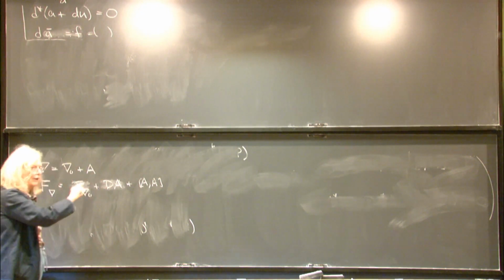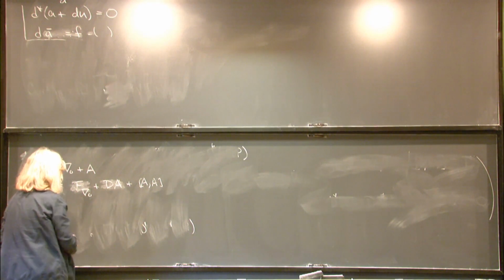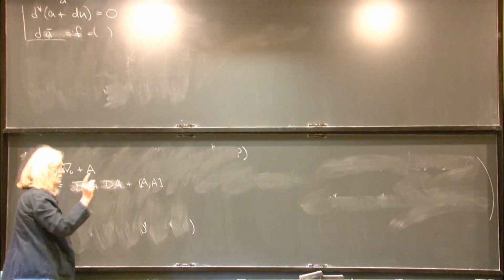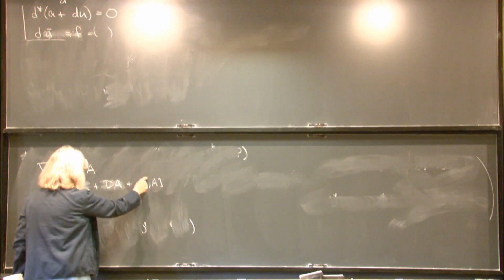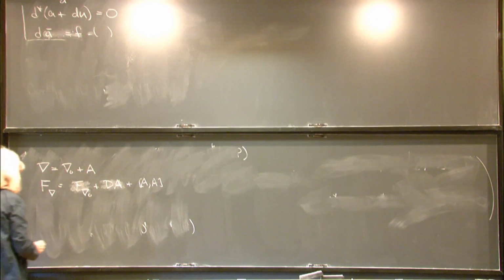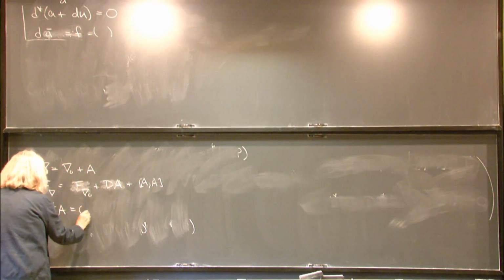It's the difference of two connections. And the estimate on curvature should give us, but this is not a very good term, but should give us an estimate on A if we ask for d nabla naught star A equals 0.